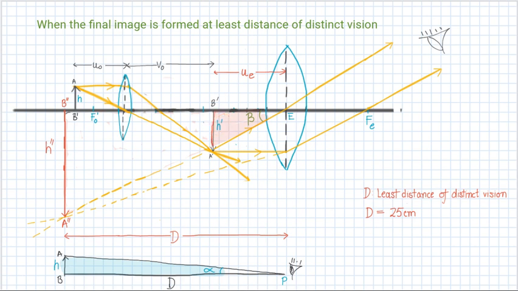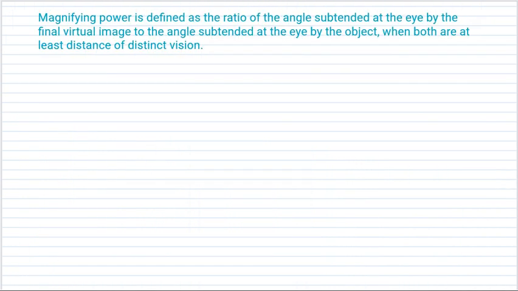This image will act as an object for your eyepiece, and it will form a final virtual image of height h double dash, which is virtual and inverted. The final image height is represented as h double dash. So now let's go back to your magnifying power.